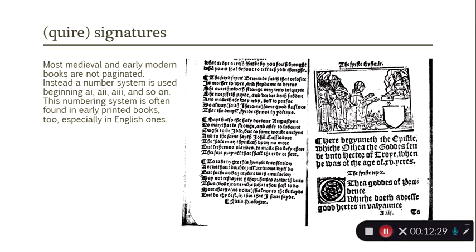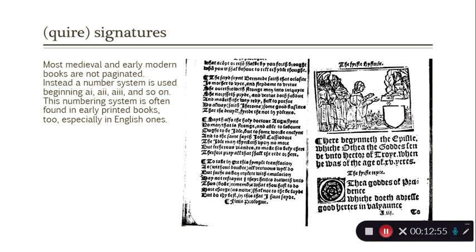You don't have any page numbers. You just have these signature numbers. So most medieval and early modern books are not paginated. So you've got this number system. So this is page 3 of this signature or quire, which is A. And so this is A3 recto, if you're going to cite this by page, because there's no other way to do it, really.